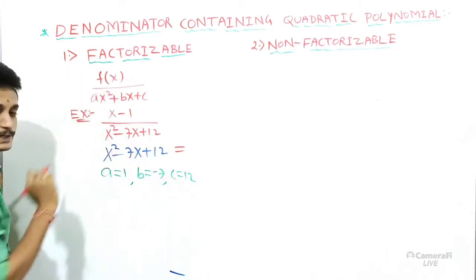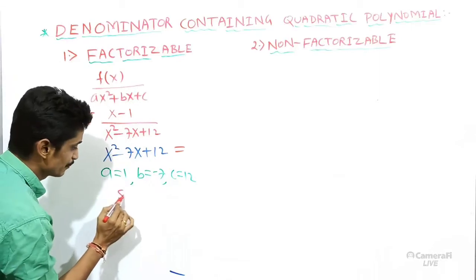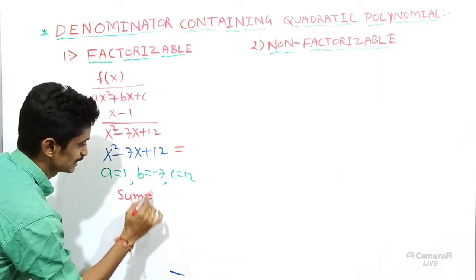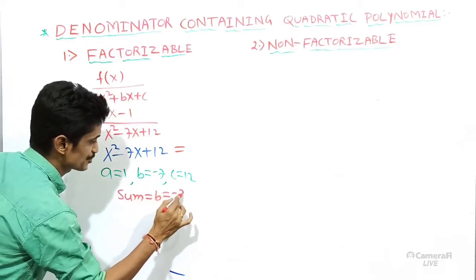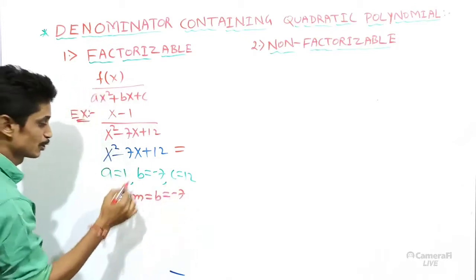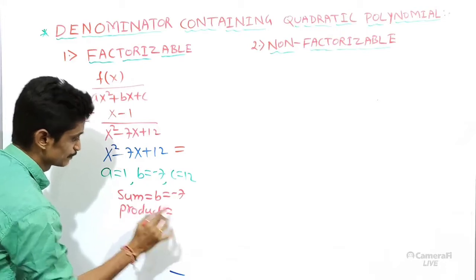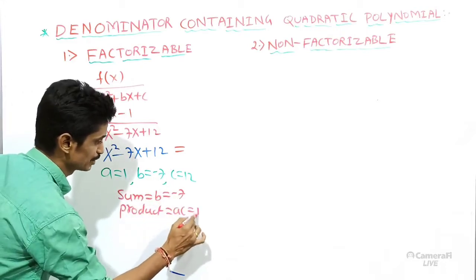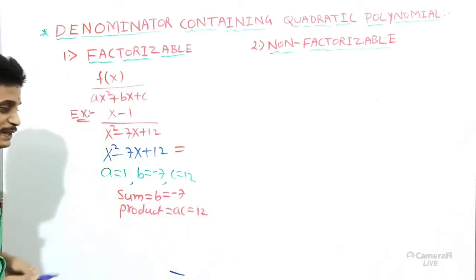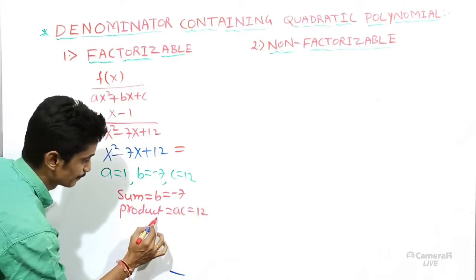How to factorize this one? We have a sum, that is b, which is minus 7. The product is a into c, which is 12. Let us split this 12.